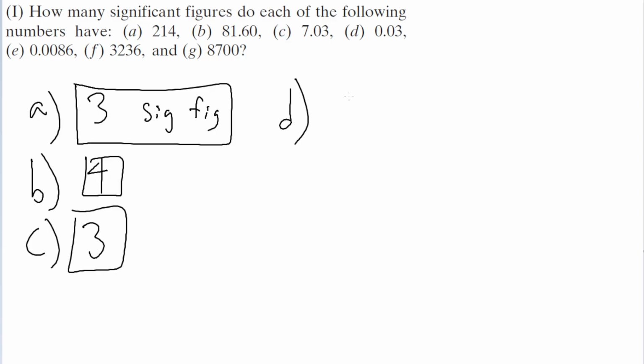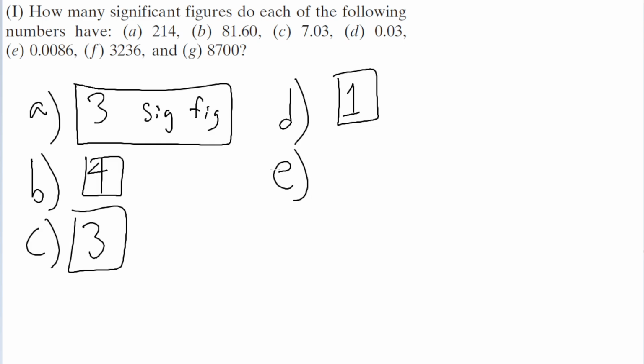Once again, the rule here is fairly straightforward. Regardless of whether or not the number has a decimal point, leading zeros are never considered significant. The only time a 0 might possibly be significant is if it's after the first non-zero digit. So the only significant digit here is the 3. So there's only one significant digit.